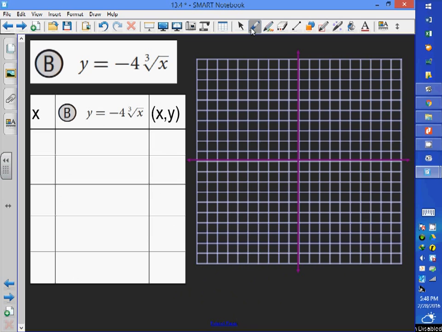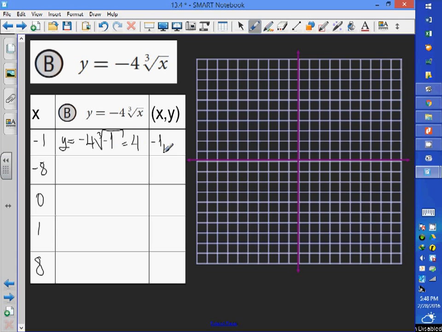And the next problem is the last problem for today. Let me explain it quickly. The numbers which we can use: negative 1, negative 8, 0, 1, and 8. So when you plug in negative 1, y equals negative 4 times the cube root of negative 1. The cube root of negative 1 is negative 1, times negative 4 is positive 4.